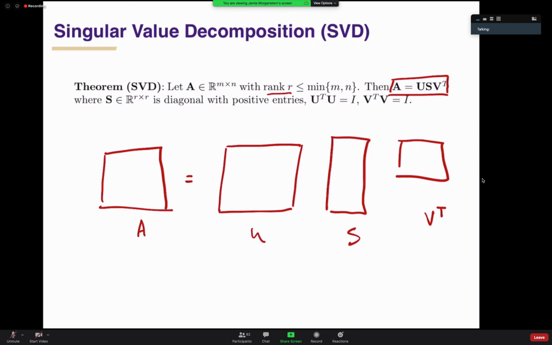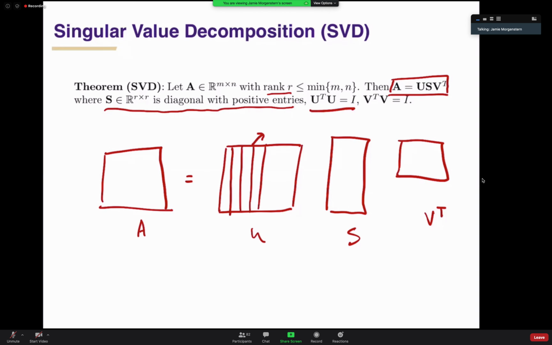The matrices are going to have some very specific properties. So U is going to have the property that all of its columns are orthonormal.